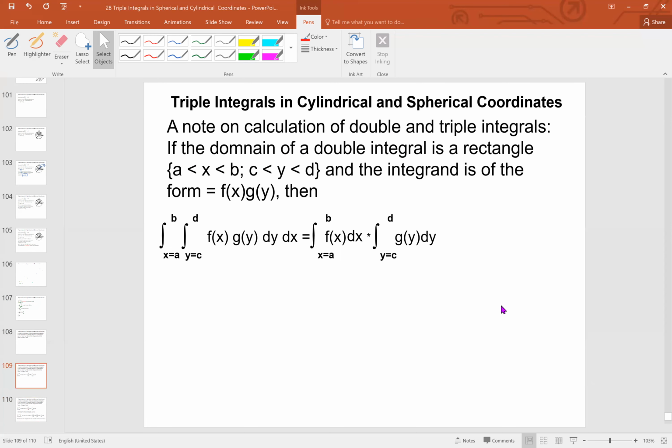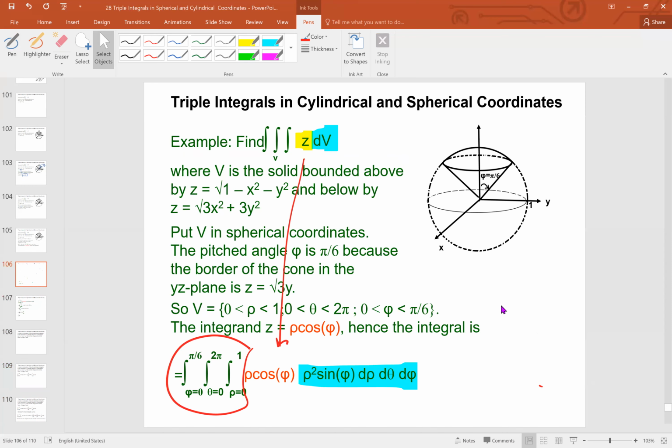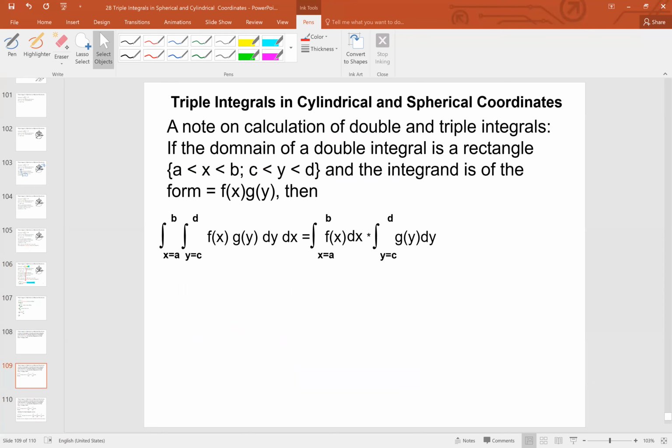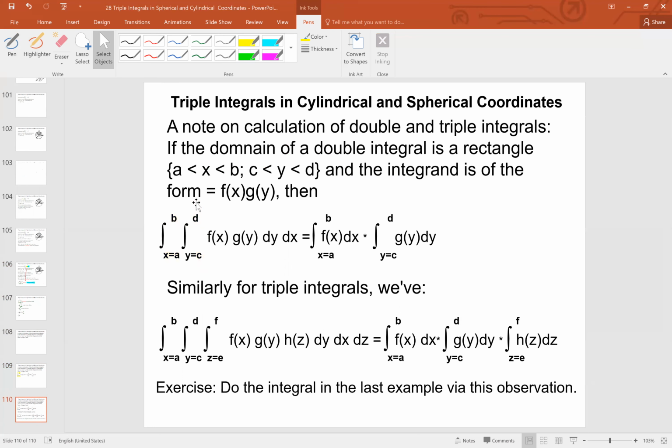We can use that to calculate these functions: put all the rho on one side, the sine phi and the theta. Notice this rule is true for integrating over a box, with limits a, b, c, d, e, f.